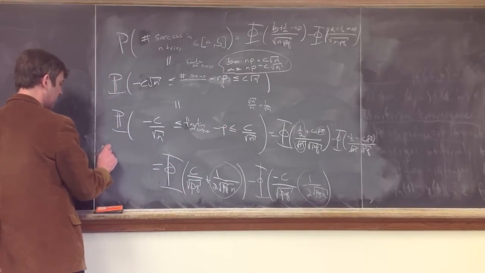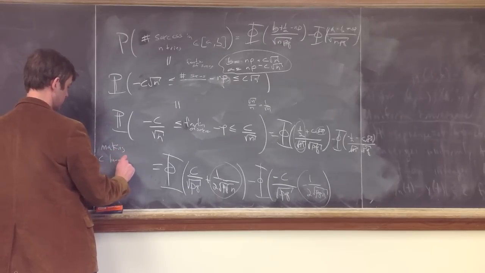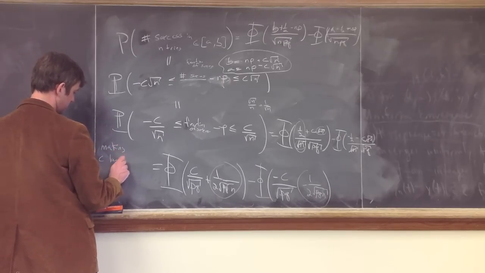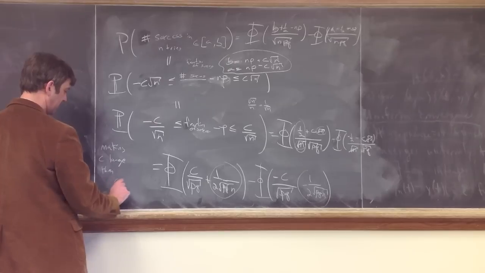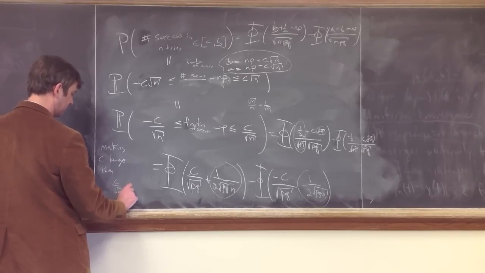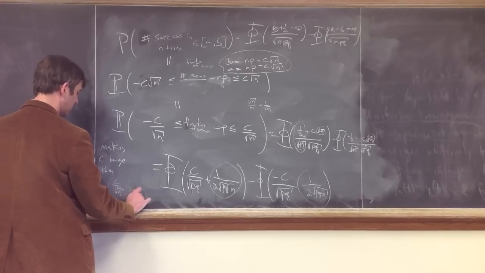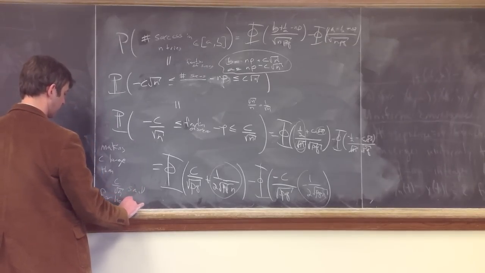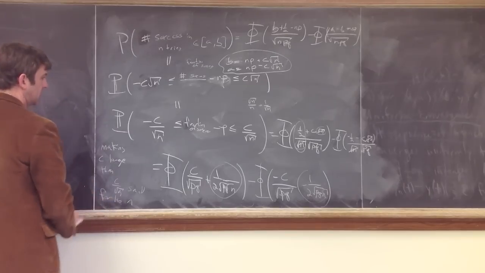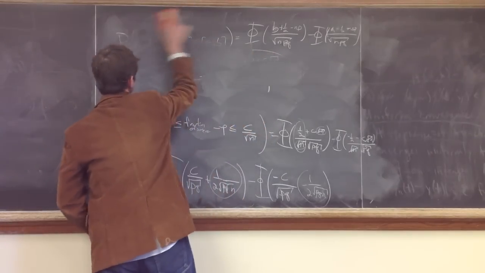By making c large, c over square root of n is less than epsilon, so this is small for large n.